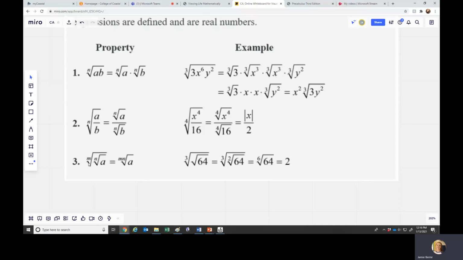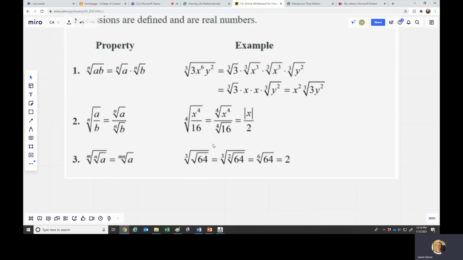And then the last one says if you have the mth root of the nth root of a, then you can combine those radicals. You just multiply their indices. So that would be the m times nth root of a. And then they have some examples here. And you can pause the video if you want to go through those examples.